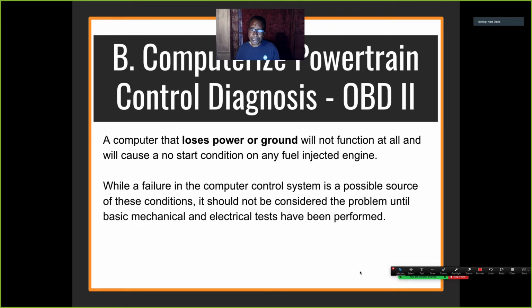Also, I can have a shorted solenoid to the PCM/ECM, and the computer's in protection mode and turns off everything. So if they give you a question like that, don't just assume it's a bad computer. Look at the choices they're giving you. What I like to do is read the question, read the choices, and start eliminating until I get down to the two best answers. Then I go from there.